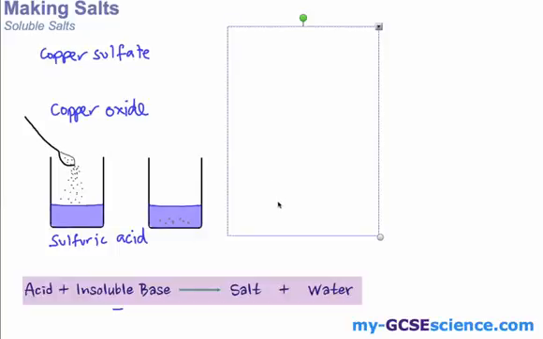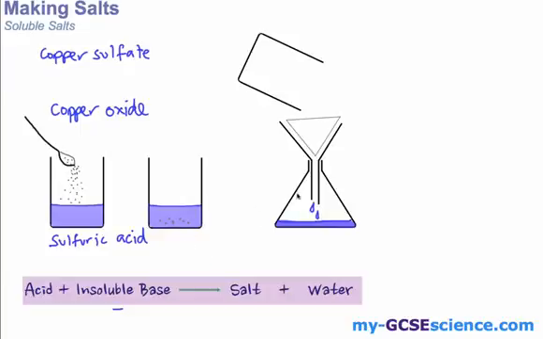The next step is to filter our solution. So we filter it through some filter paper, and what we'll see is the copper oxide will be left in the filter paper and the copper sulfate solution will go through into our flask. The next step after that is to actually make the salt into crystals, and we can do that in a two-step process.